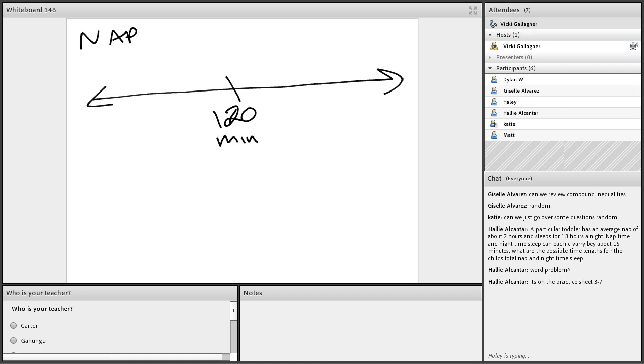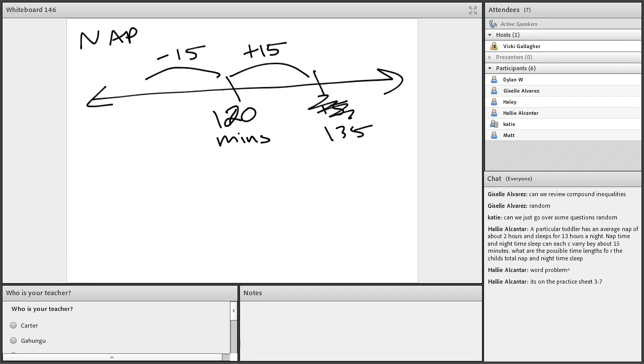And it can vary by about 15 minutes. It can get bigger by 15 minutes, which would put us at 135, or it could get smaller by 15 minutes, which would put us at 105.